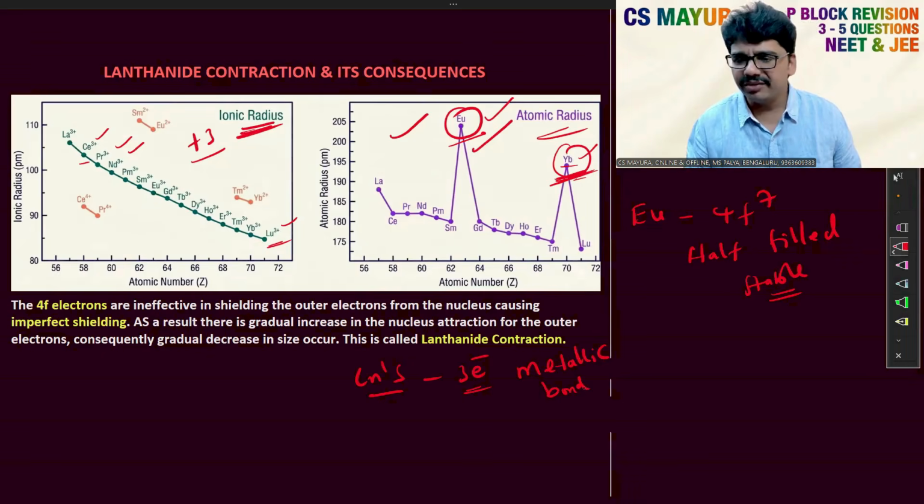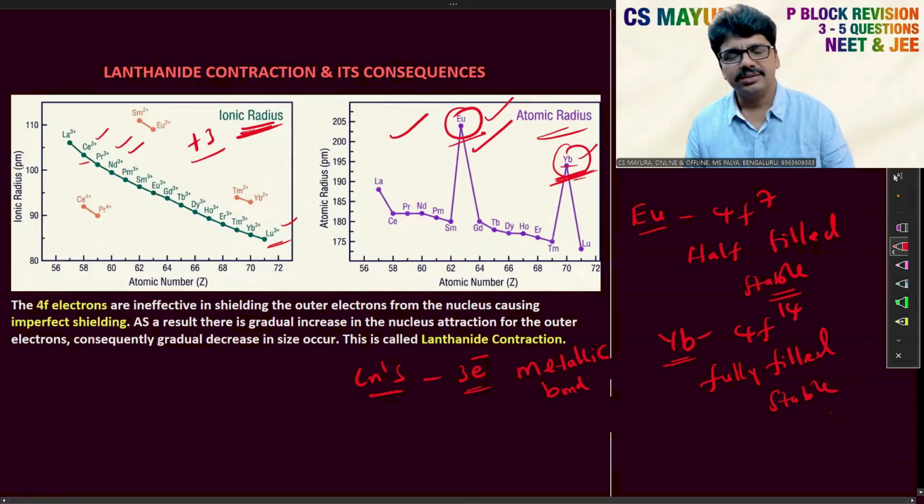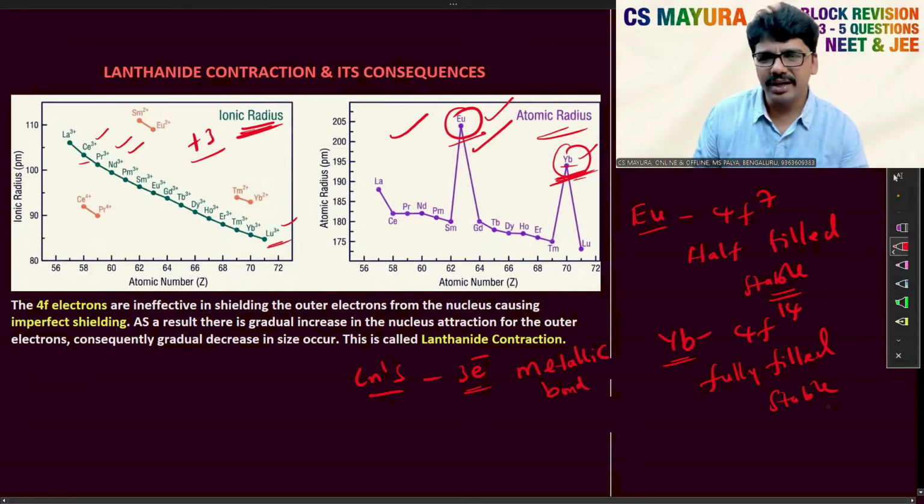But in the case of ytterbium, the configuration is fully filled, that is 4f14. 4f14 is a fully filled configuration. This is also a stable configuration. So in all lanthanides, 3 electrons are involved in metallic bonding.